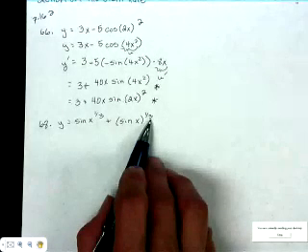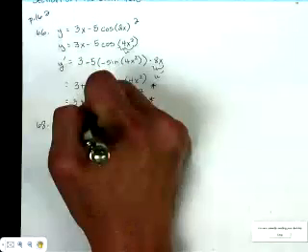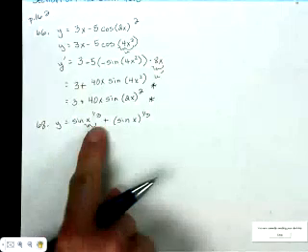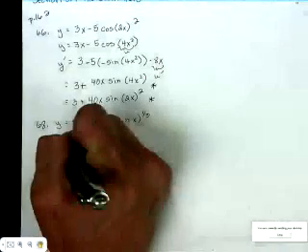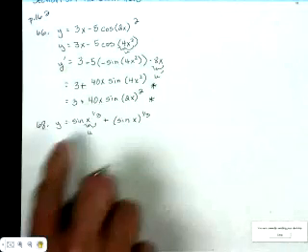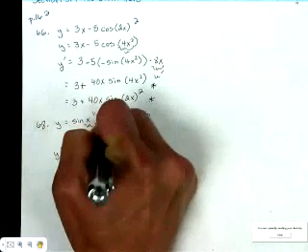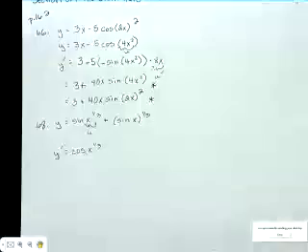So in this first term, I'm looking at that as being sine of ugly, and the derivative of sine of ugly is cosine, same old ugly, times the derivative of the ugly.